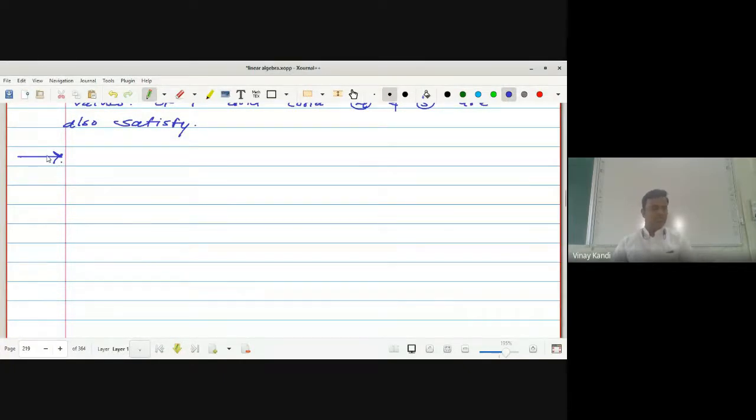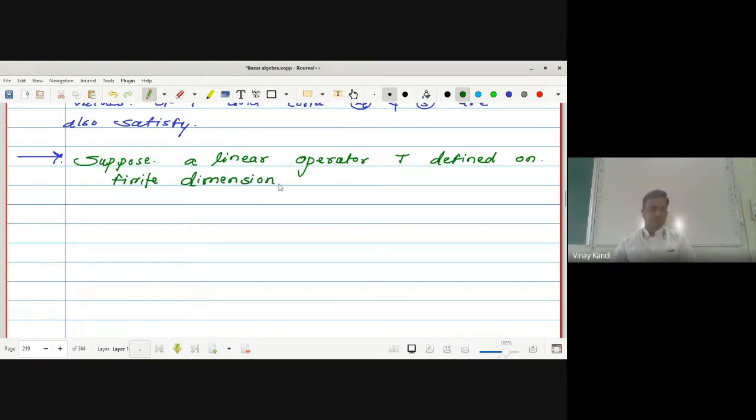Suppose a linear operator T is defined on a finite dimensional vector space V. It is diagonalizable, in the first part.